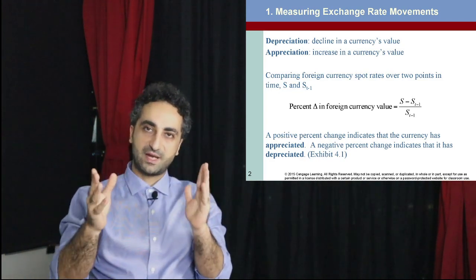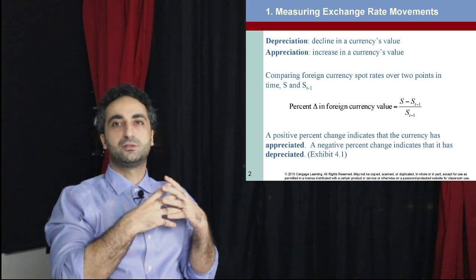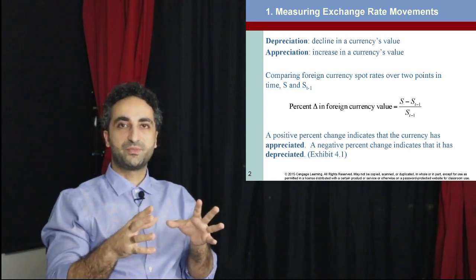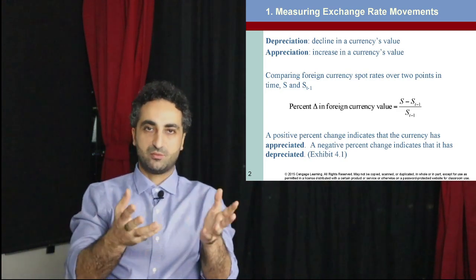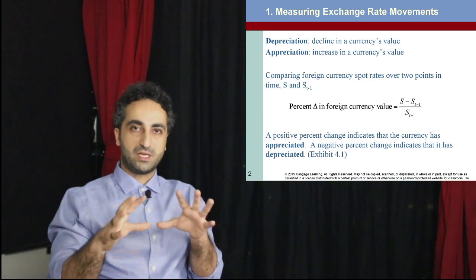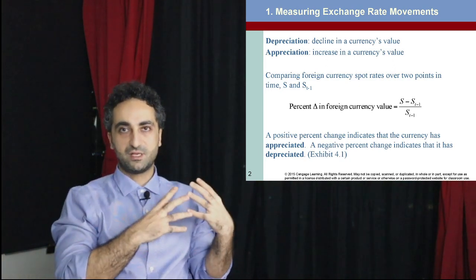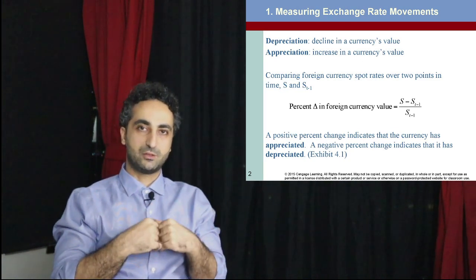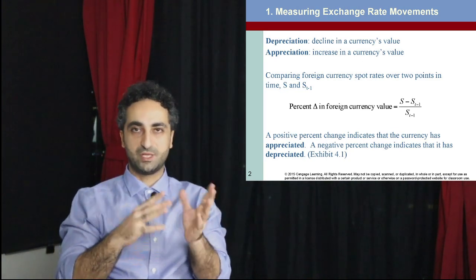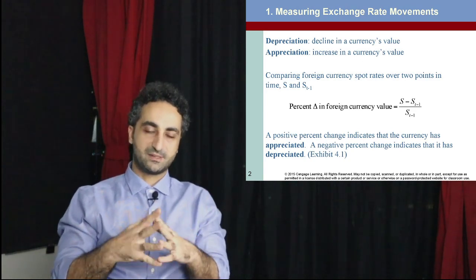We need two values, current and past. So how do we compute it? Same with temperature, same with currencies, percentage change of anything. We take the value of today, we deduct the value of yesterday, and we divide by the value of yesterday. So present minus past divided by past.